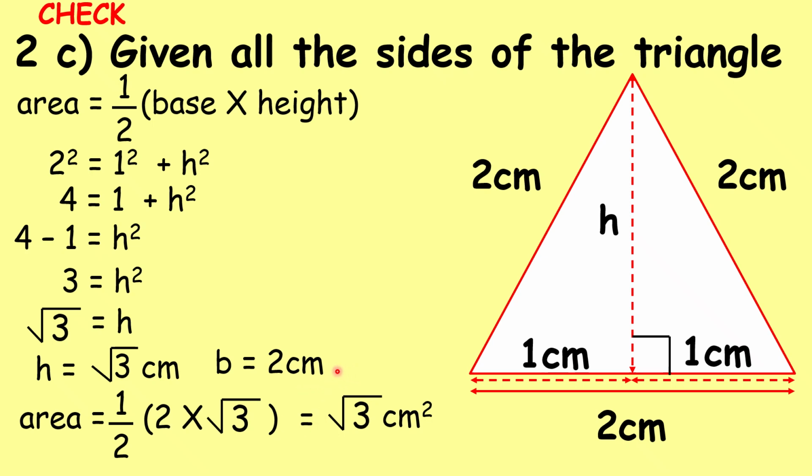Remember, this is the same value we got when we used Heron's formula. Therefore, we can conclude that both Heron's formula and the half base times height formula are correct, since we were able to get the same answers.